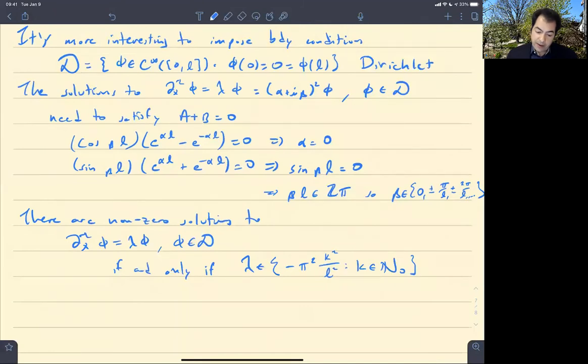Okay, so these are the eigenvalues of this infinite dimensional operator acting on this vector space.